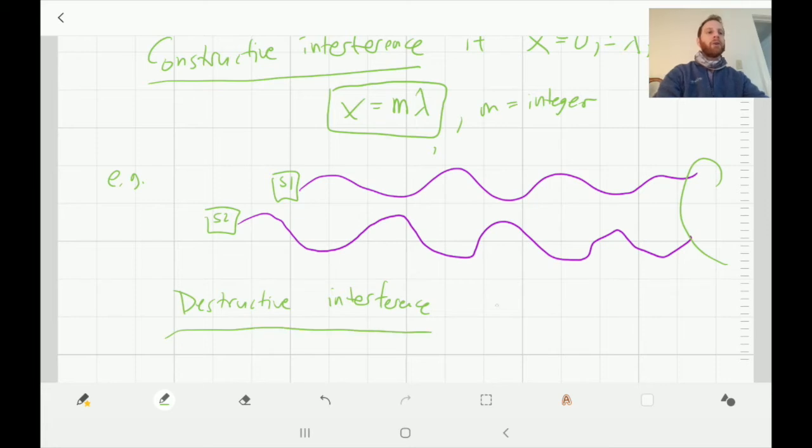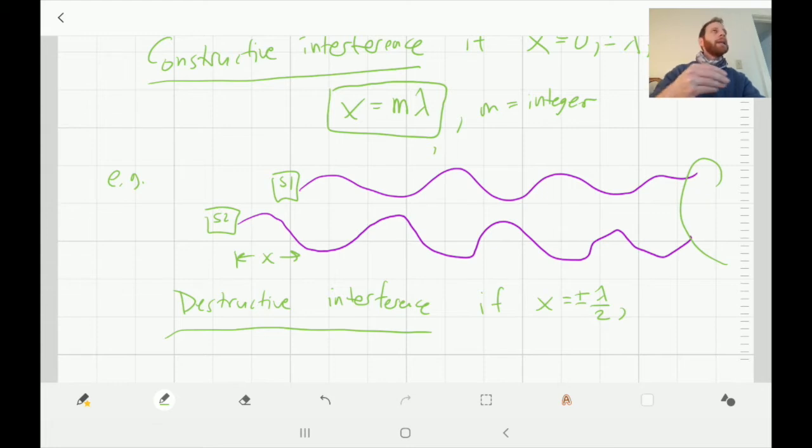Destructive interference occurs if, and now remember that we're calling this distance x, if x is equal to a wavelength over 2, a half a wavelength, that's the distance from a peak to a trough, or if it's shorter by that amount. And we already said that if it's shorter or longer by a full wavelength, you get constructive interference.